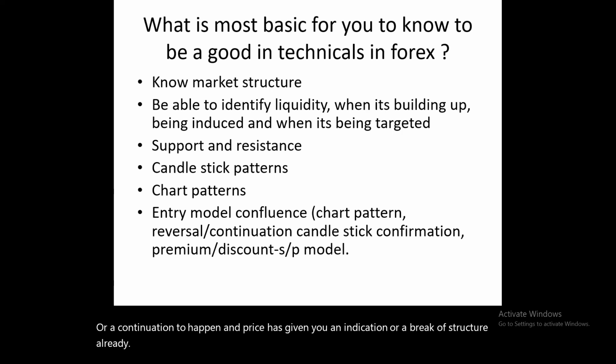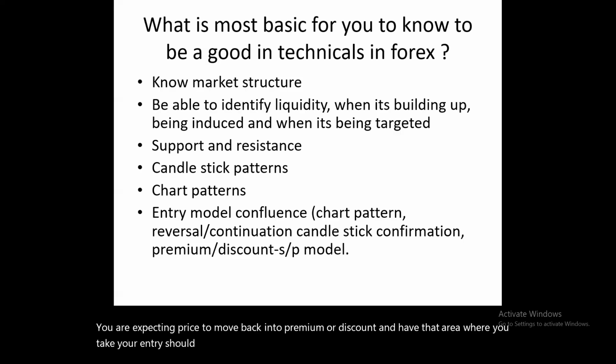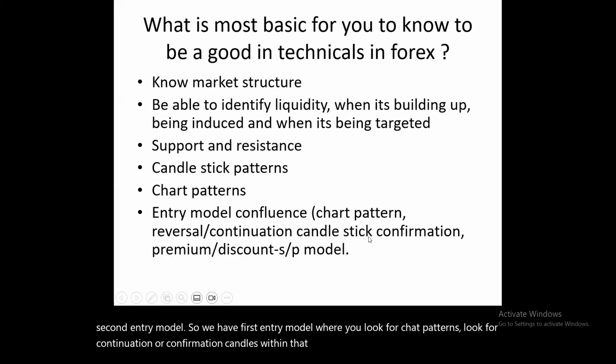You are expecting price to move back into premium or discount, and the area where you take your entry should have confluence with main support and resistance. So that is the second entry model. The first entry model is where you look for chart patterns, and look for continuation or confirmation candles within that chart pattern to trade.